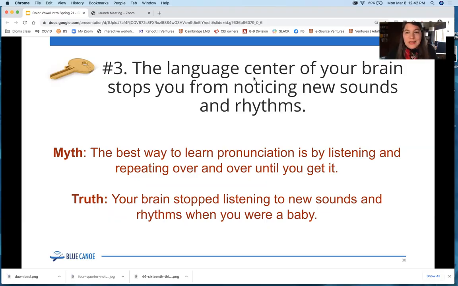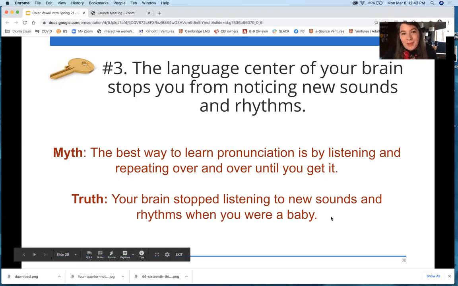The language center of your brain, it's over here, stops you from noticing new sounds and rhythms. The myth, the lie, is that the best way to learn pronunciation is by listening and repeating over and over until you get it. The truth: your brain stopped listening to new sounds and rhythms when you were a baby.